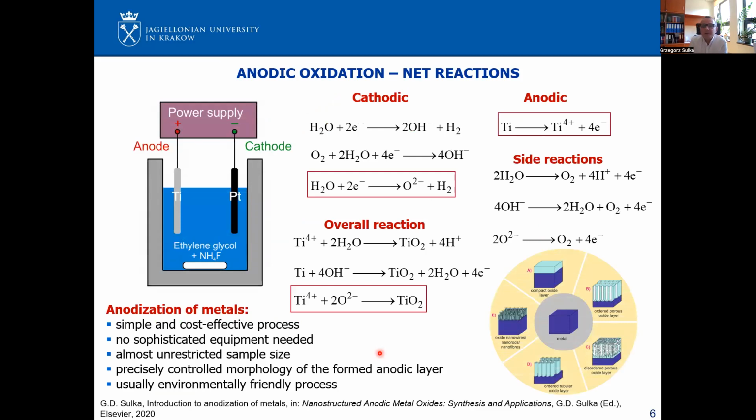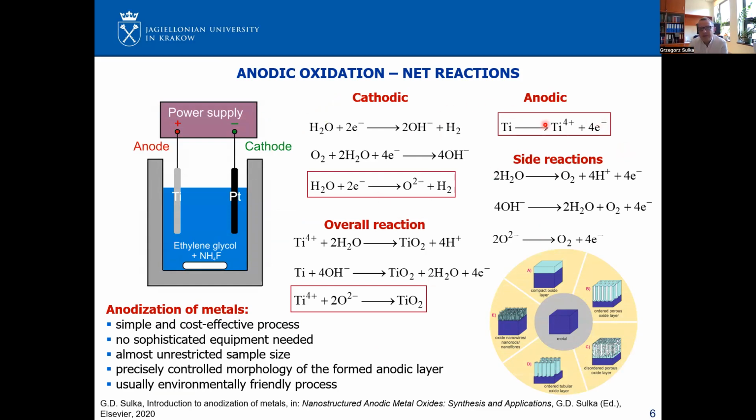What is anodic oxidation? It's a simple electrolysis. The metal which we want to anodize and transform its surface into porous or tubular metal oxide, we treat as an anode. The process is quite simple.